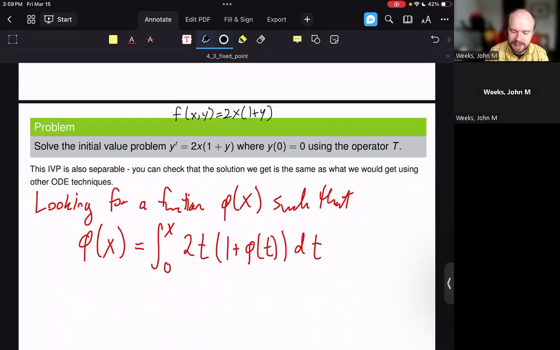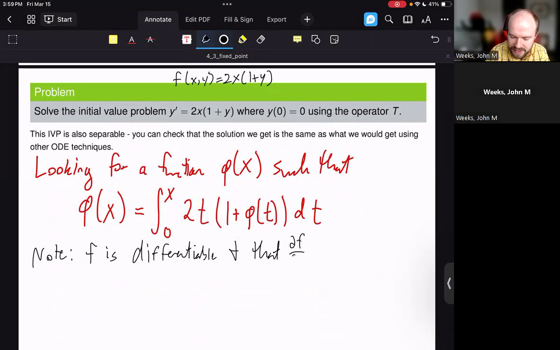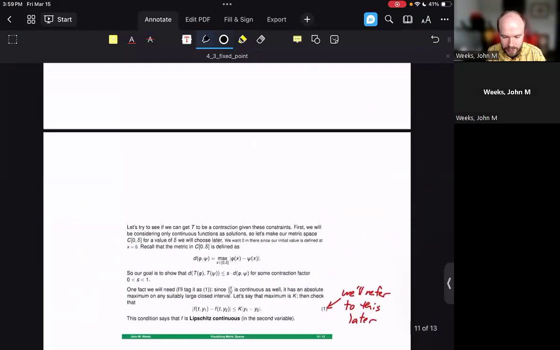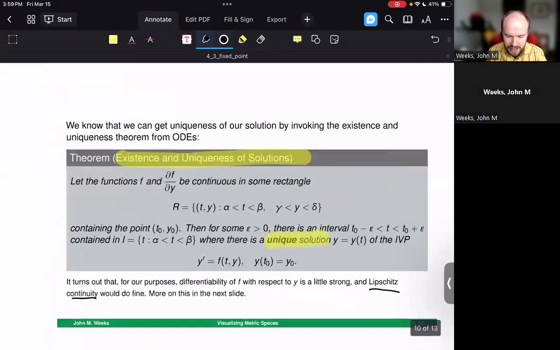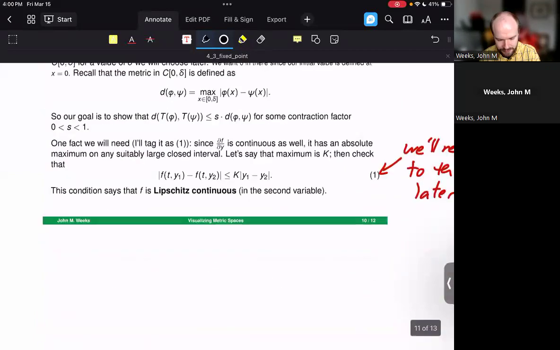Notice, first of all, that f is differentiable, and that, as given up above in our condition from existence and uniqueness, the partial derivative of f with respect to y, which is just 2x, is continuous. So we need f to be differentiable, so that's given to us up here, namely that f is continuous on some rectangle and that the partial derivative of f with respect to y is continuous. So we are good to go there.